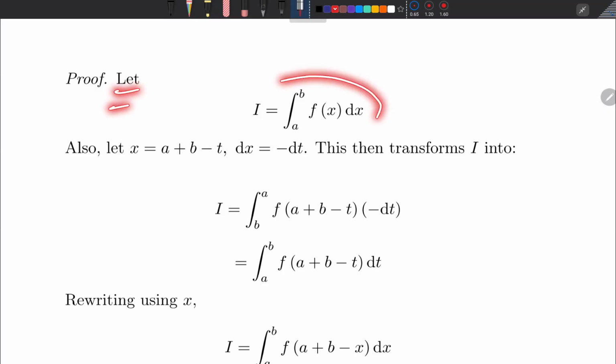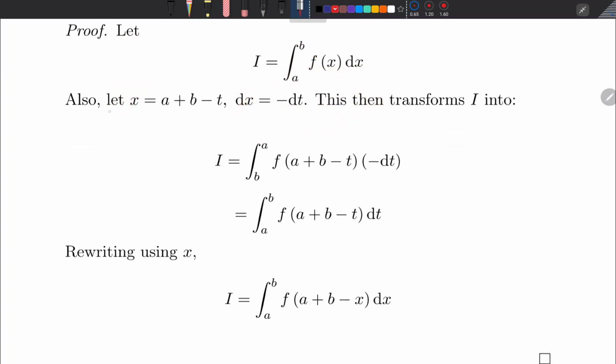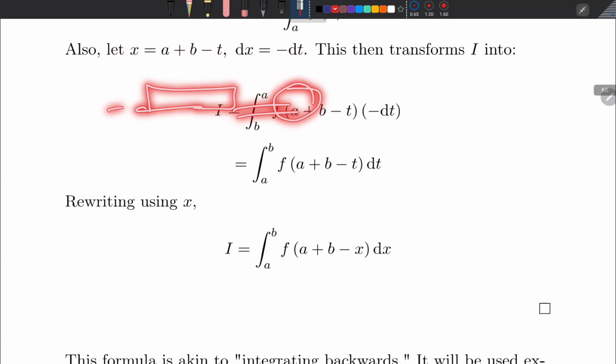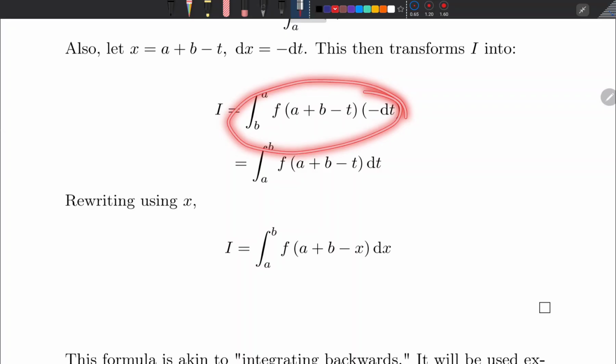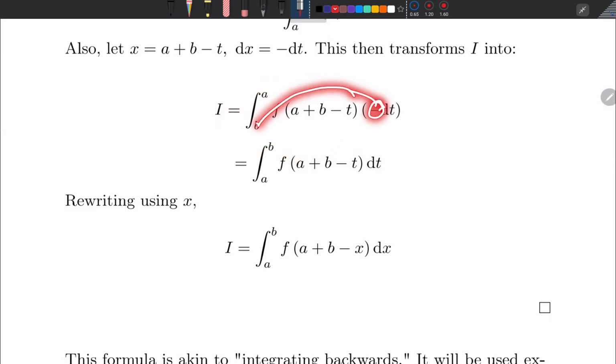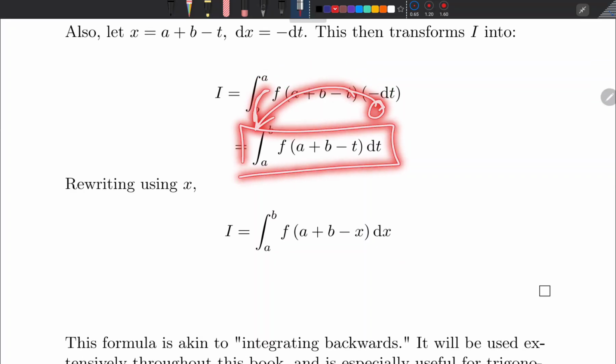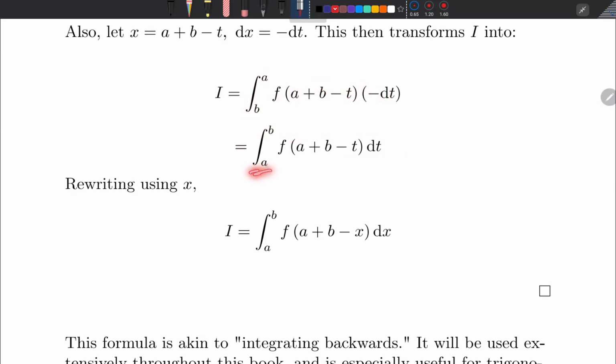Okay, so we have this integral, right? Now you just let x equals a plus b minus t, so dx is going to be minus dt. Using this negative, you can switch up the order of the limits. So that gives us I equals the integral from a to b of f of a plus b minus t dt, right?